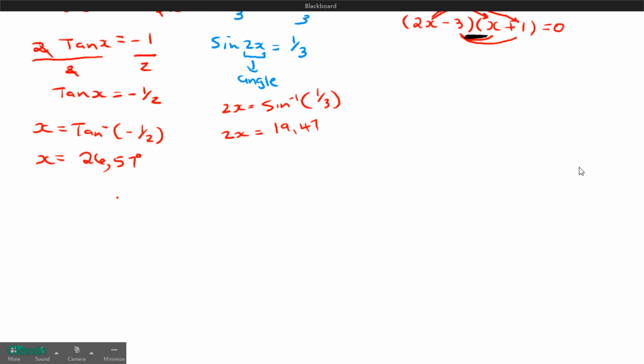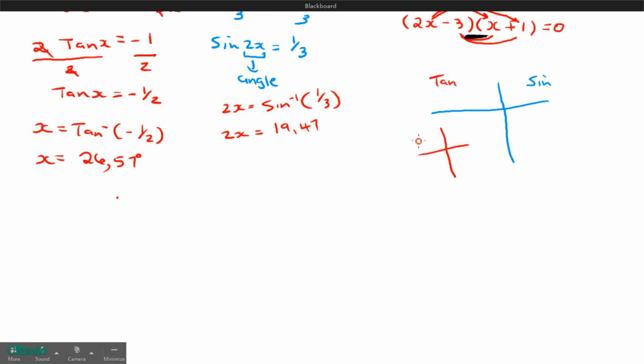now let's draw our Cartesian plane. The red one will represent tan and the blue one will represent sine. So on this side of tan, question is where do we find tan as negative?